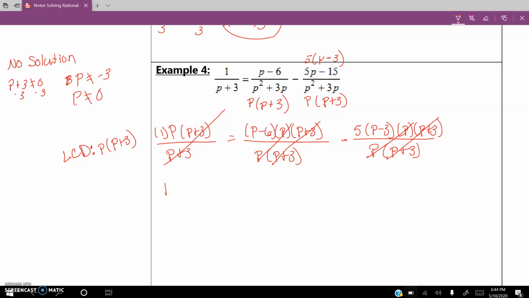Rewrite. 1 times p is p. I have a p minus 6 minus 5 p minus 3. So distribute my negative 5. Bring everything else down. Combine like terms.